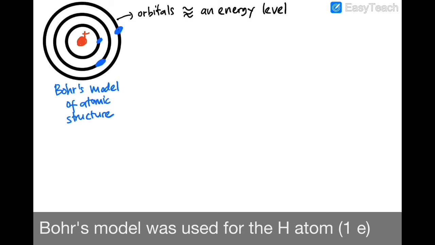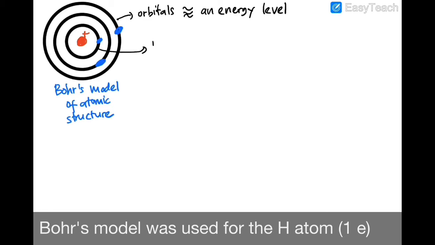In this case, we can see that, for instance, we have an electron right here, and an electron over there. The electron in the inner part will be closer to the nucleus. Therefore, the electron here is more stable and has lower energy.